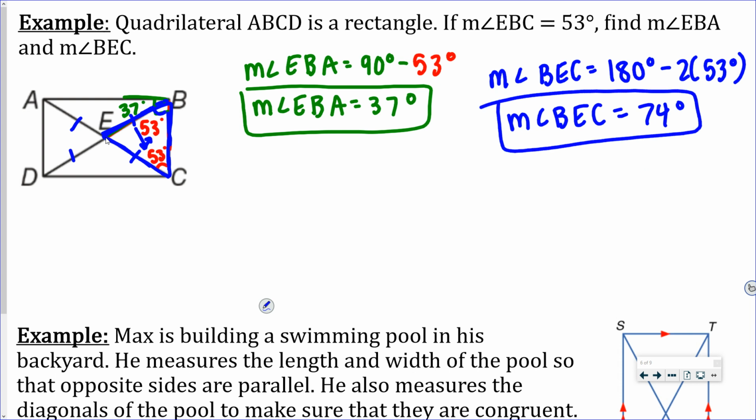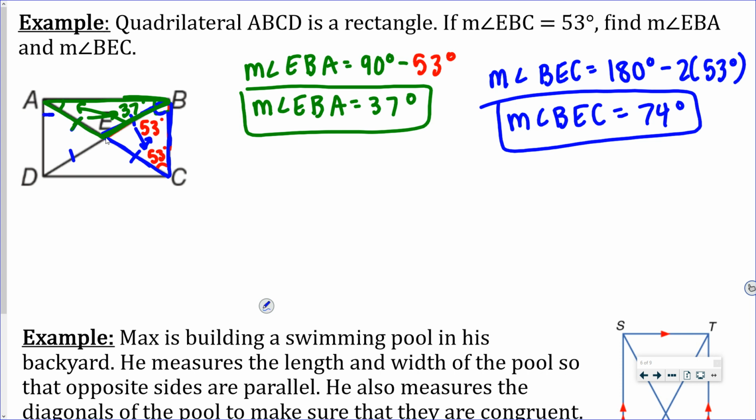Good job. All right, you don't have to write this down. Just look up here for a second. Along with Tyson's thinking here, we can actually figure out every single angle here. So let's look at this isosceles triangle. If this is 37 degrees, what's this angle going to be? 37.